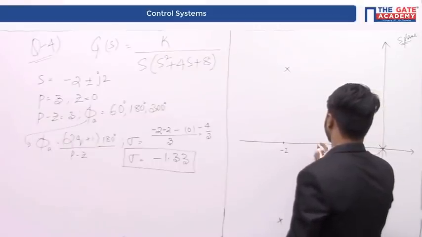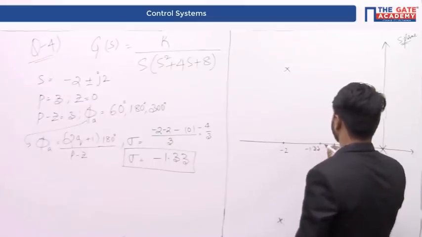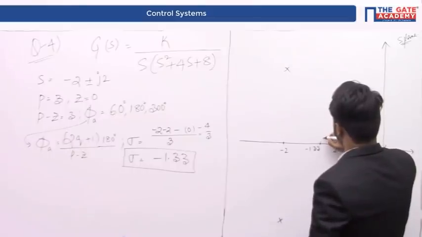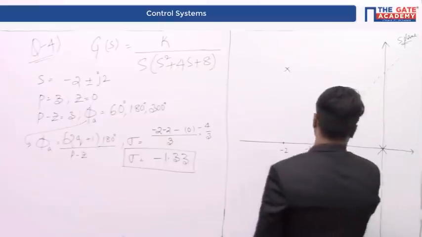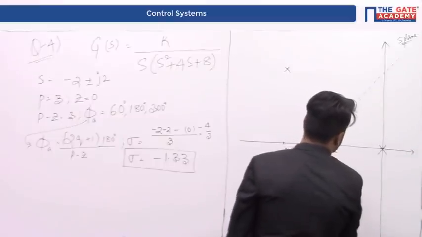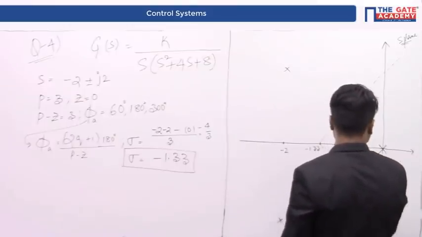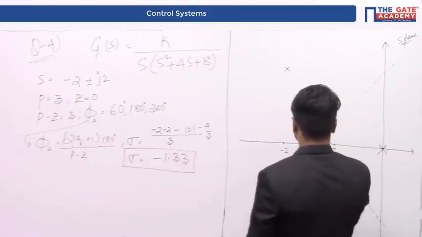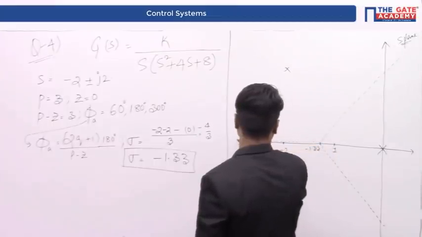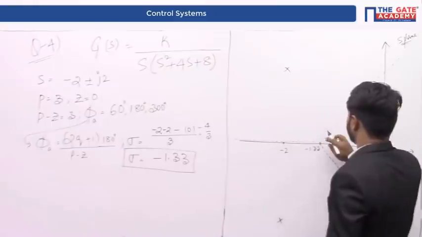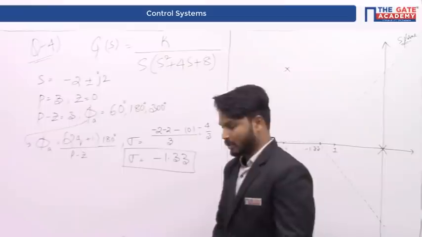Therefore, this particular point is minus 1.33. The asymptotes are at angles 60 degrees, minus 60 degrees, and the other angle is 180 degrees. This is the pattern of the asymptotes, right?